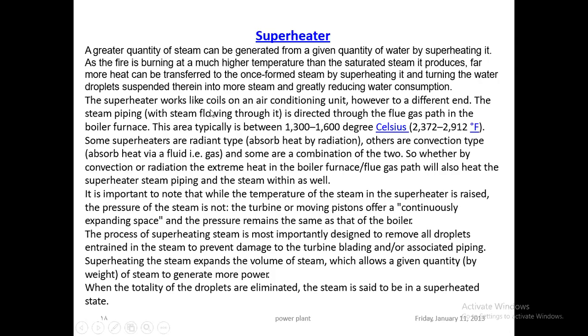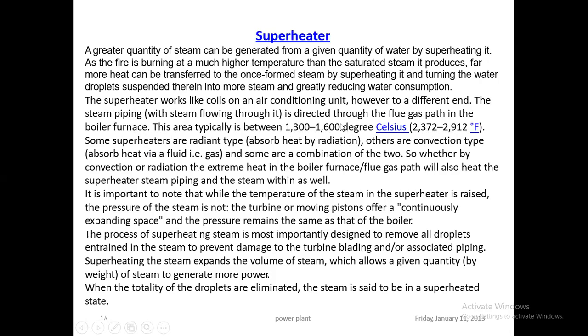The superheater works like coils on an air conditioning unit, however to a different end. The steam piping, with steam flowing through it, is directed through the flue gases path in the boiler furnace. This area typically is between 1300 degrees centigrade to 1600 degrees centigrade. We can also state this in Fahrenheit: it would be 2372, and from the starting range to the ending range, 2912 degrees Fahrenheit.